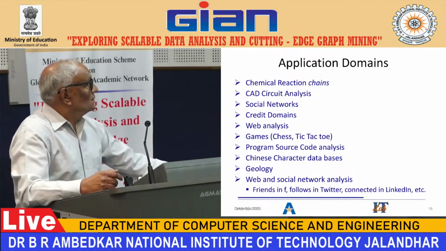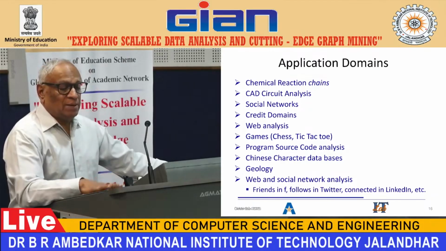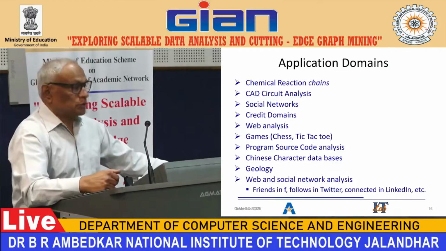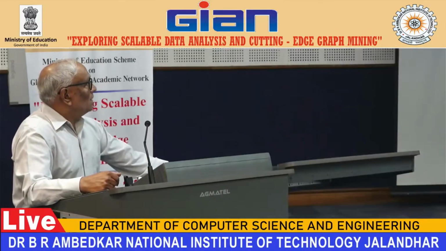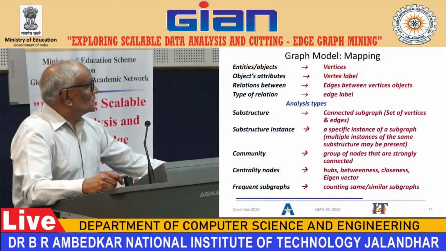So how do we map a real world problem to a graph? These are the things that are used. Any object or an entity is represented as a node or a vertex. An object's attributes are vertex labels.